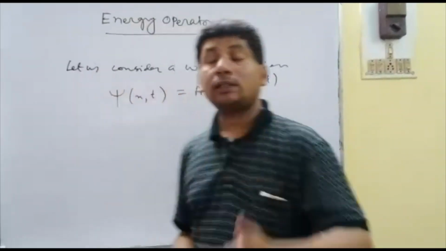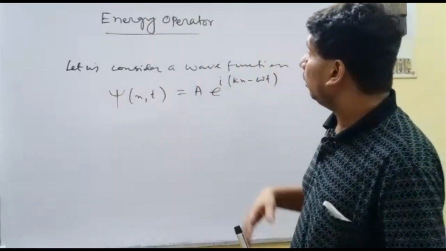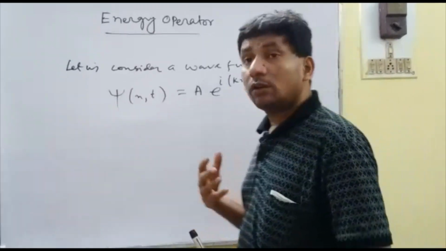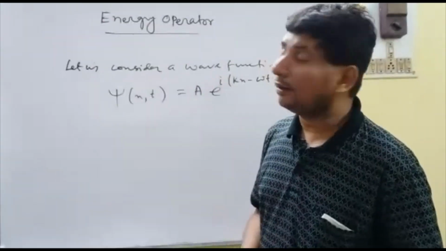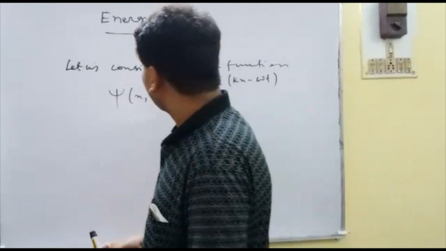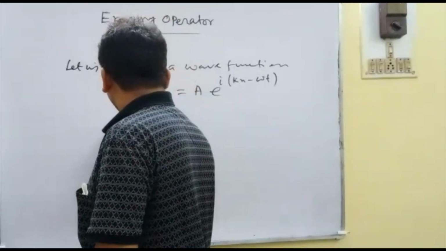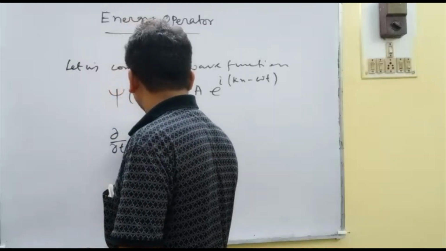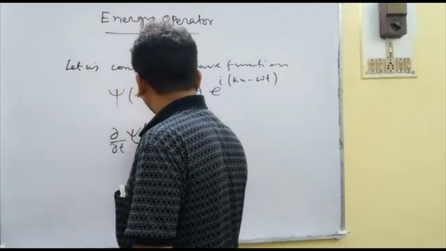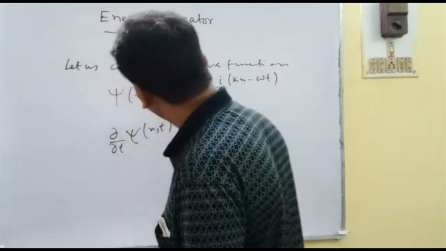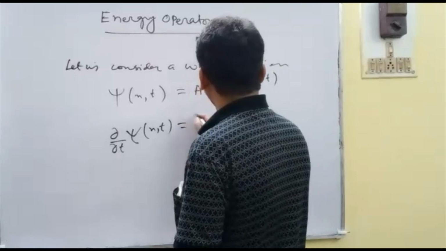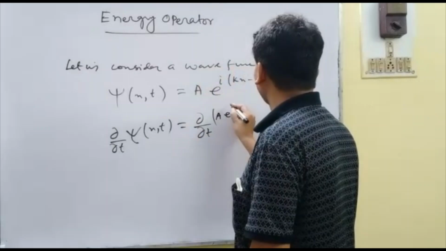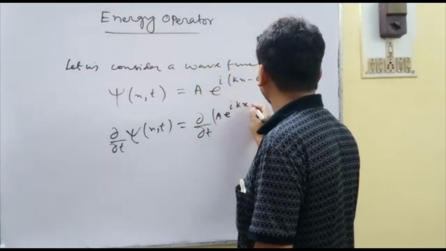Since the energy is time dependent, not only x dependent, we can take del/del t of psi(x,t), that is del/del t of A e to the power i(kx minus omega t).